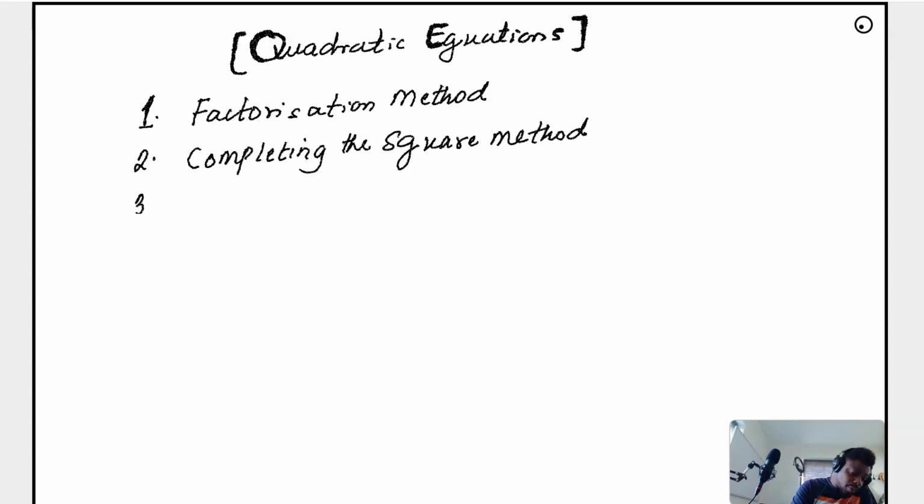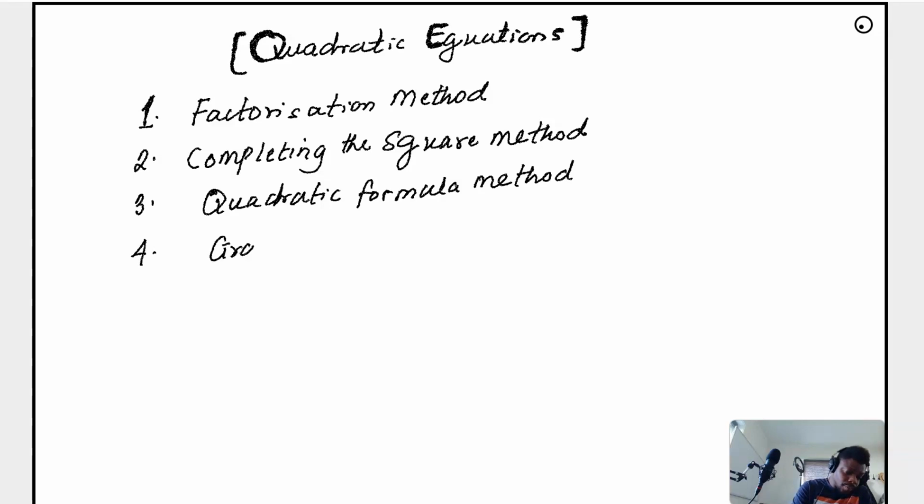The third method is the quadratic formula method. The fourth method is the graphical method. So, these are the methods that we can use to solve quadratic equations.